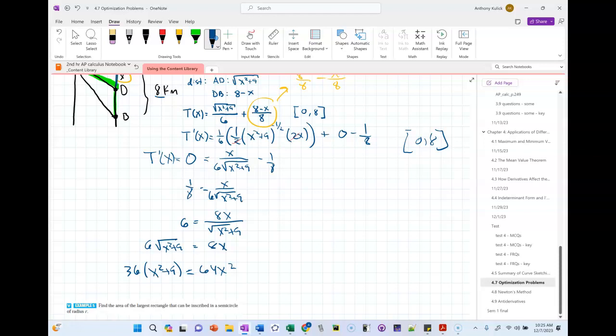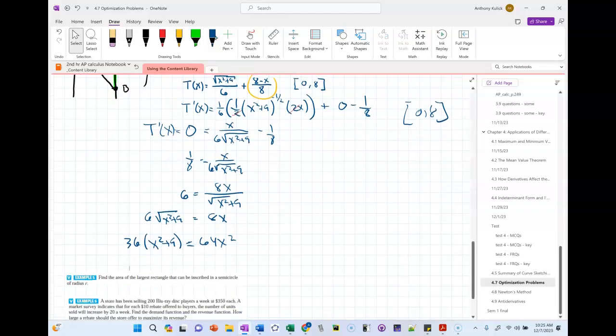Is everybody okay? We'll distribute that 36 through, well, let's just do, there's some kind of reducing that can happen there. 4, right? That's going to give me 9 and 16.